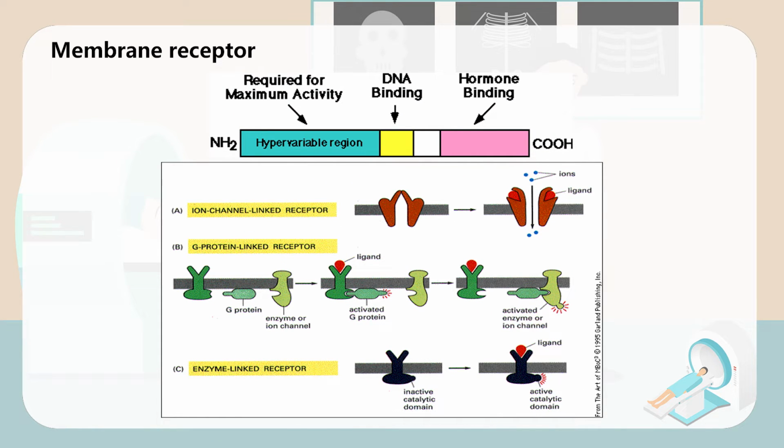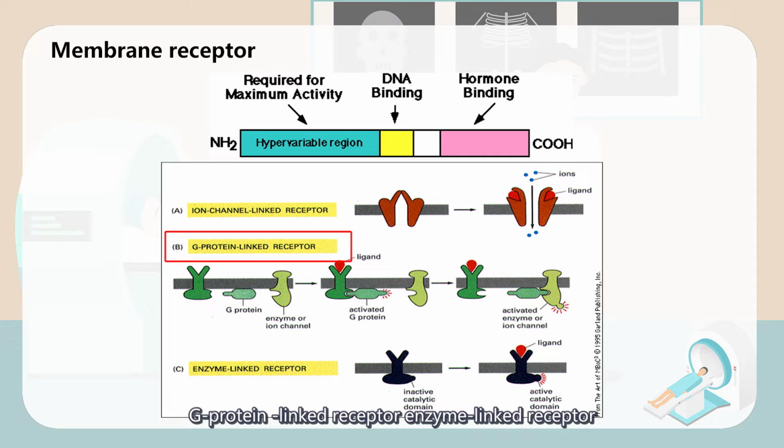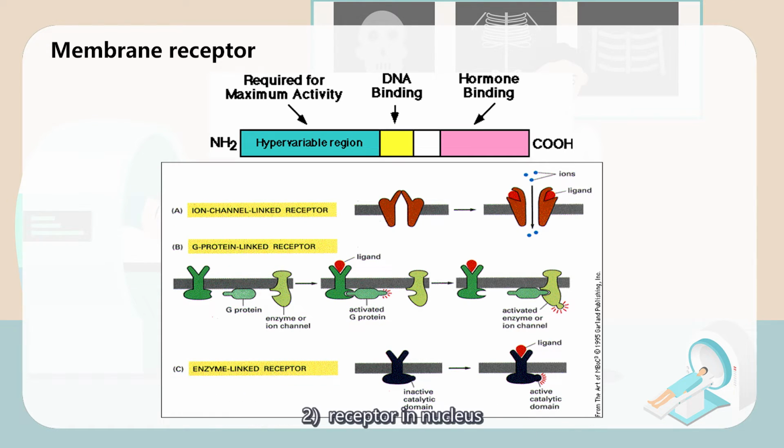Classification of receptors. First, cell surface receptors: ion channel linked receptors, G protein linked receptors, and enzyme linked receptors. And second, receptors in the nucleus, such as some hormone receptors in the nucleus.